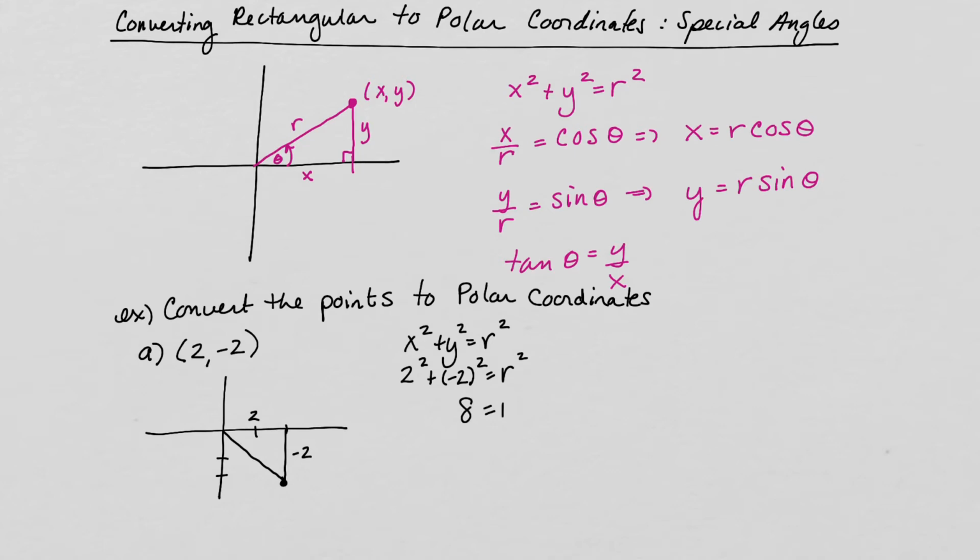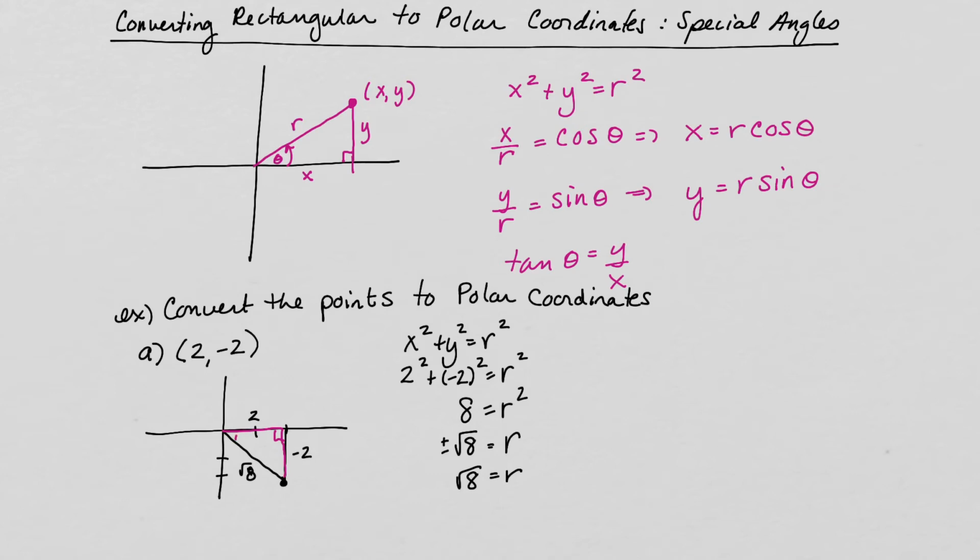So 8 is equal to r squared, and r is going to be plus or minus the square root of 8. We're going to take the positive, so the square root of 8 is equal to r. My triangle here happens to be, since the two legs are the same, one's just negative, that's just saying the direction it's going, but they're both of length 2.